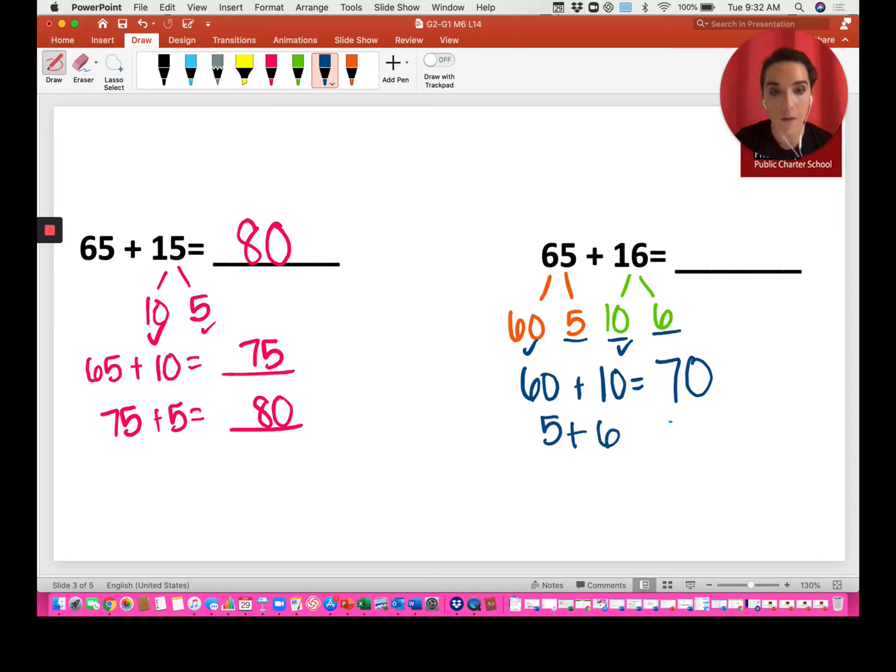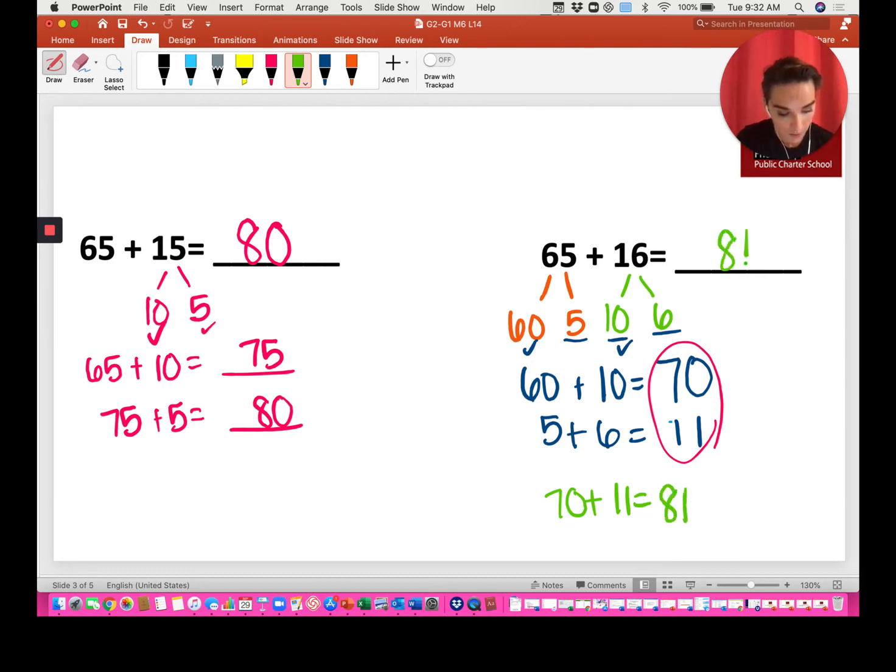And so now I'm going to add 5 ones plus 6 ones, which gets me what? 11 ones. Excellent job. The final thing I need to do to solve is just simply add that 70 plus 11. And so 70 plus 11, well, I know I can add 10 more, which is 70 plus 10, 80. And then that one more is 81. And so the answer was 81.